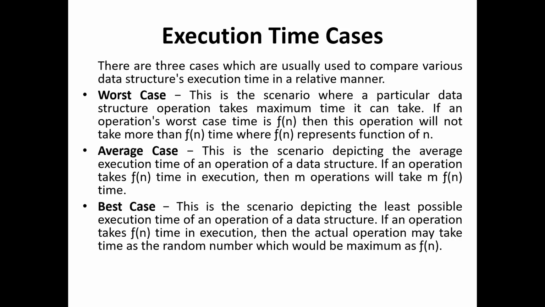Then coming to the best case. This scenario depicts the least possible execution time of an operation of the data structure. If an operation takes f of n time in the execution, then the actual operation may take a random time which would be at most f of n.